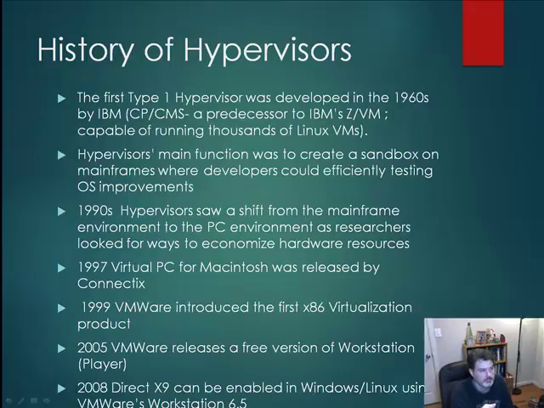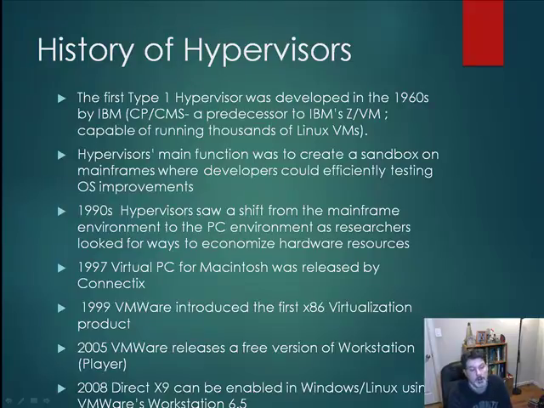It wasn't long after Connectix got into the game that VMware came to be, and probably the most important milestone VMware accomplished in the 1990s was creating the very first 32-bit virtualization product for consumption. In 2005, VMware released a free version of Workstation called Workstation Player, or Player as we knew it at the time.